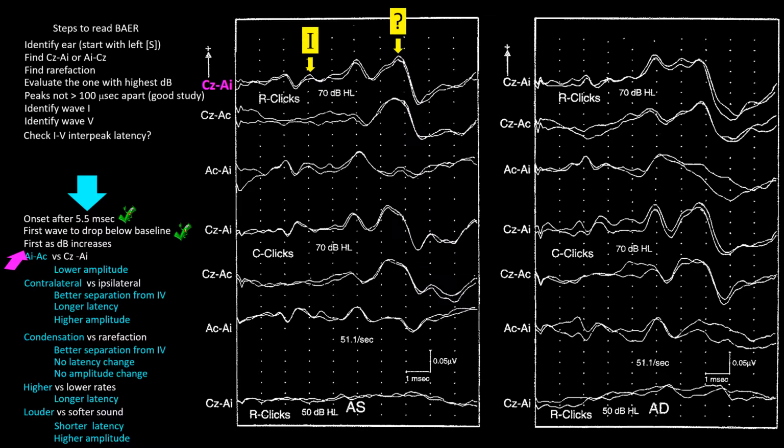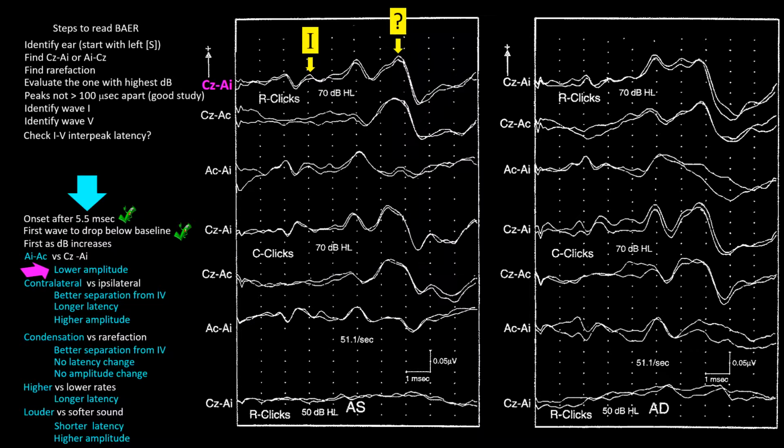Next, when different intensities are used, starting at a low dB, we can see that wave 5 is the first one to appear. Yet, no such exercise was done in this case, so this item remains unknown. Next, we look at the difference between inter-ear derivation and vertex ipsilateral ear derivation.